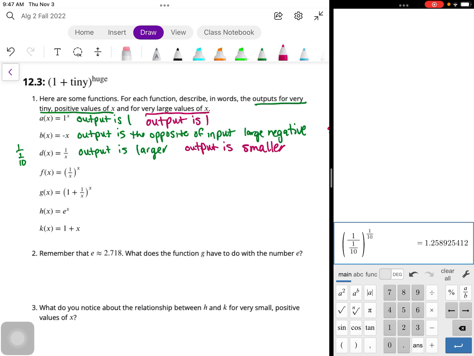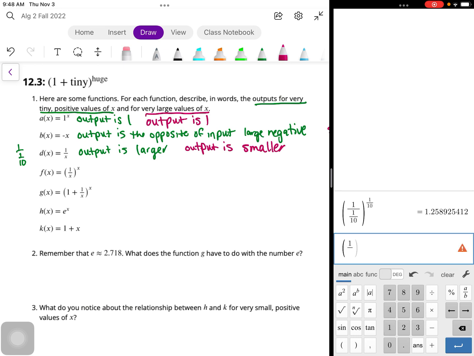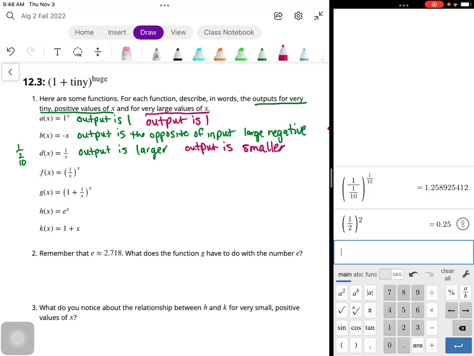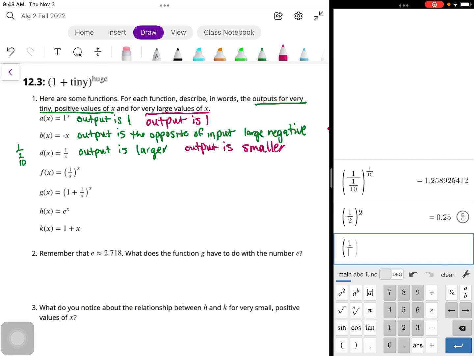And so we get 1.25. And now let's see what happens if we do a larger number, we'll say 1 divided by 2. So x is 2 in this case. So then we're going to square that, and our number gets smaller. And then if we put in large values, say 1 divided by 100, and we're going to raise that to the power of 100.